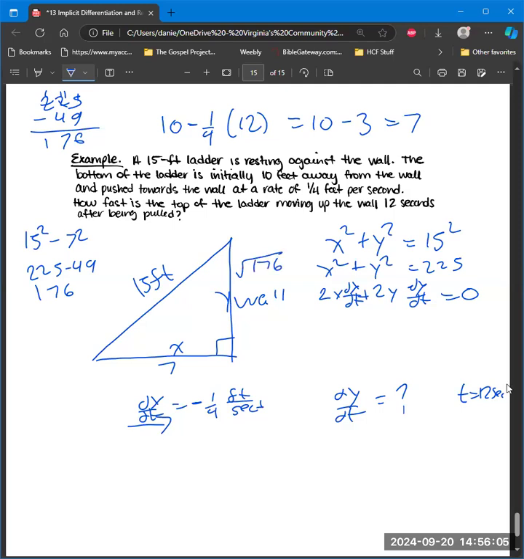It doesn't come out nice and pretty. Let's see, 176 is 2 times 88, which is 2 times 44, which is 2 times 22, which is 2 times 11. So that is 4 root 11. Okay.